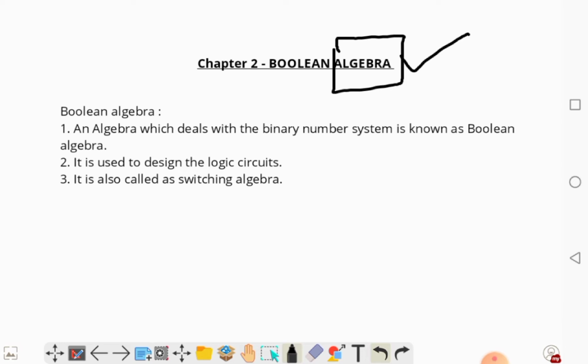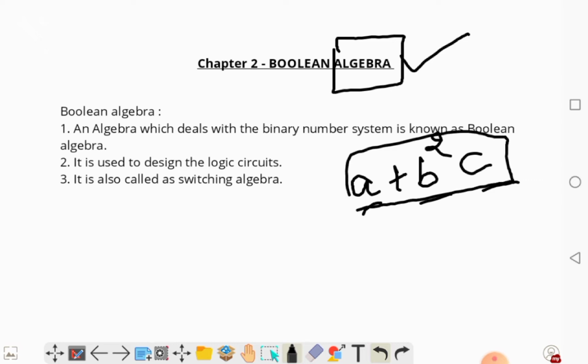What we were studying in algebra, if we have the expression, we will be having the variables. For that variables, we are putting some expressions. If we have the collection of variables, then we are going to solve these expressions in the algebra. Next we come to the Boolean algebra.